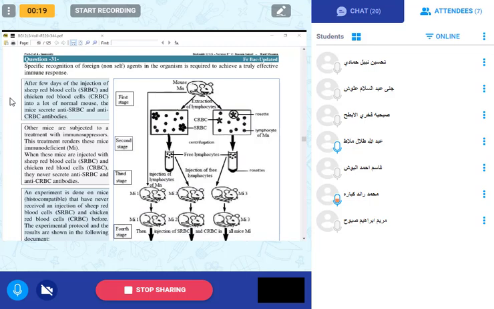Specific recognition of foreign non-self agents in the organism is required to achieve a truly effective immune response. فإذا بدك تتعرف على الـ non-self لتقدر تعمل effective immune response.